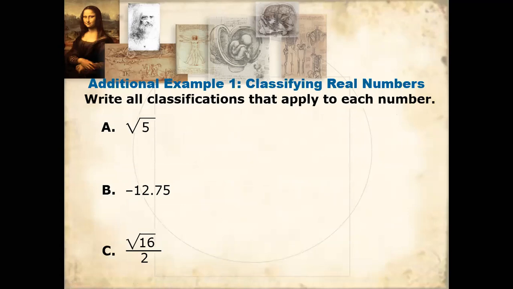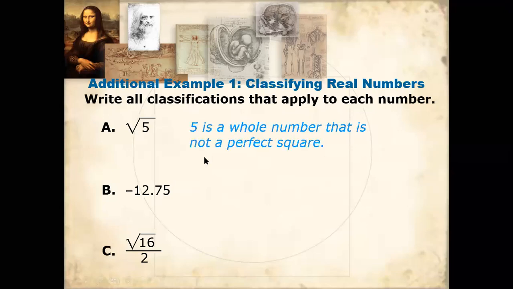This is a type of question we may have in our quiz or term exam as an application about rational and irrational numbers. Can anyone tell me how we can classify the first question, square root of 5? Rational and real? Exactly, well, the first one is irrational, not a whole number. 5 is a whole number, but the square root of 5 is not a perfect square. For this reason, it's irrational and real.